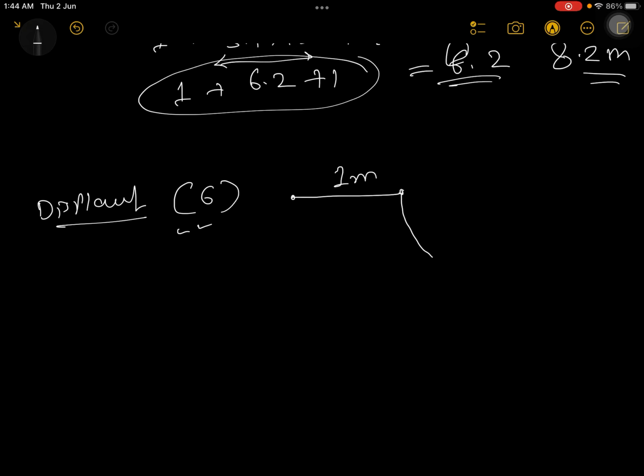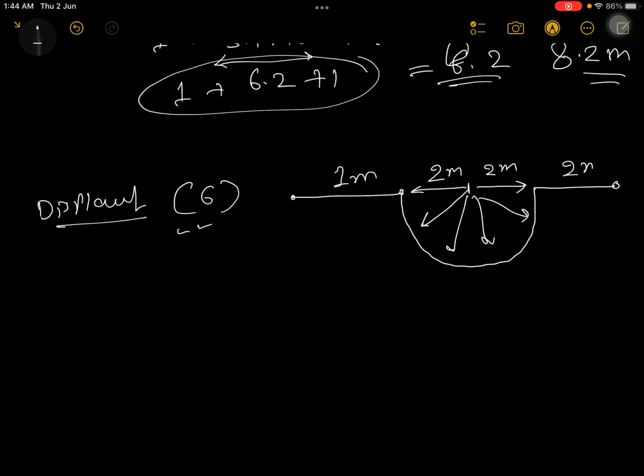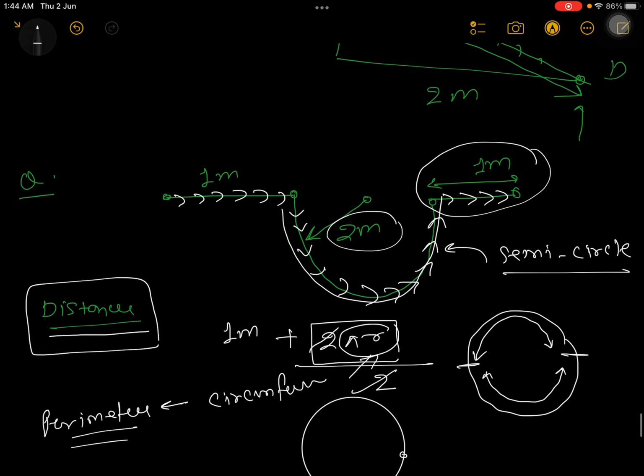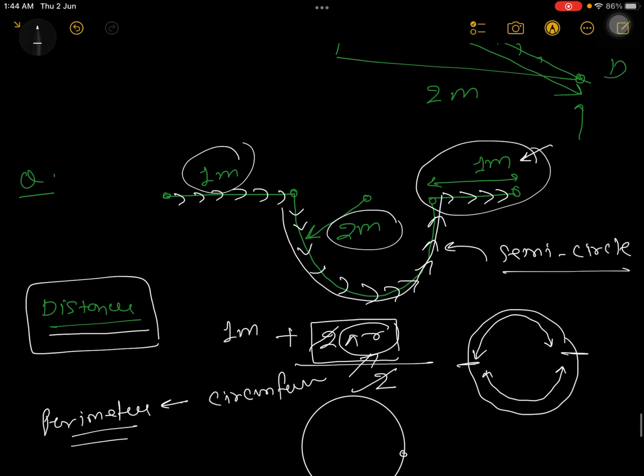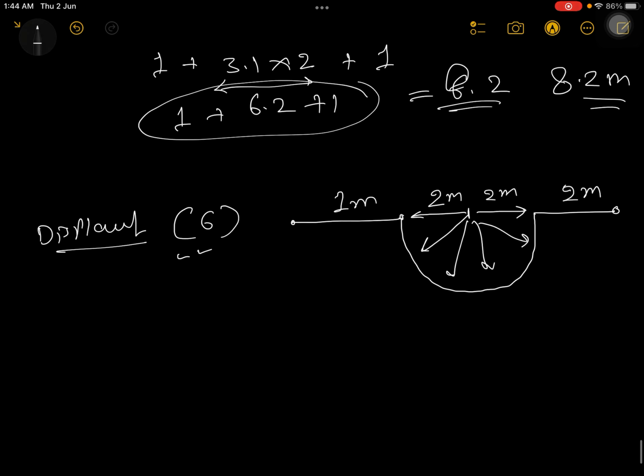Now come and go here, and then go here, because this will also be a radius, and this will also be a radius. Because it is a semicircle, everywhere the radius length will be the same, correct? So this will also be 2 meter, this will also be 2 meter, and this is 1 meter. Sorry, let me check, yes, it is 1 meter. So this 1 meter, this 2 meter, this 2 meter, you have to think of the shortest distance.